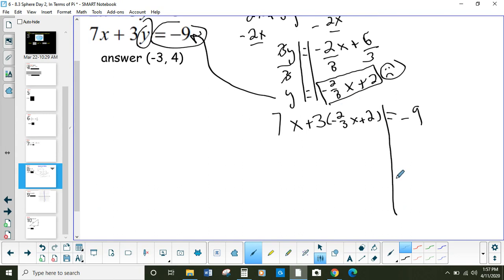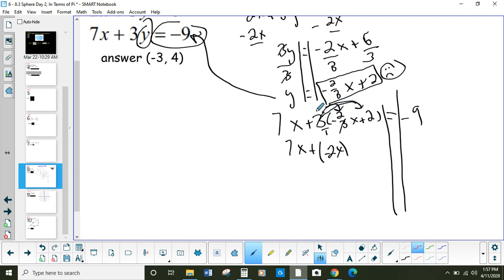Okay, let me go down here. So now we're going to solve a multi-step equation. We simplify both sides first. 7x is on the outside. I distribute the 3. Don't try to add that 7 and the 3, right? I have to distribute before I combine like terms. Now watch what happens. My 3's cross out, and I get -2x. But don't forget, you got to multiply the 3.